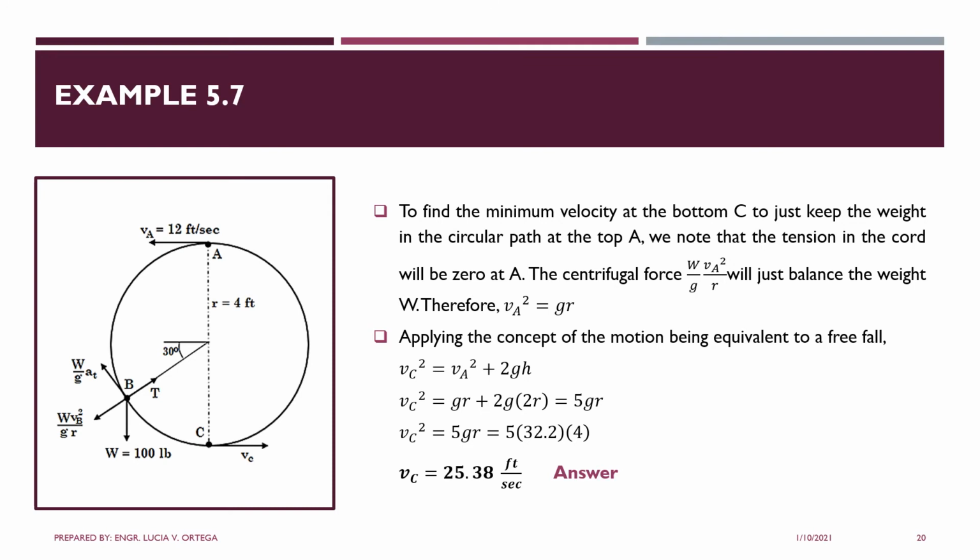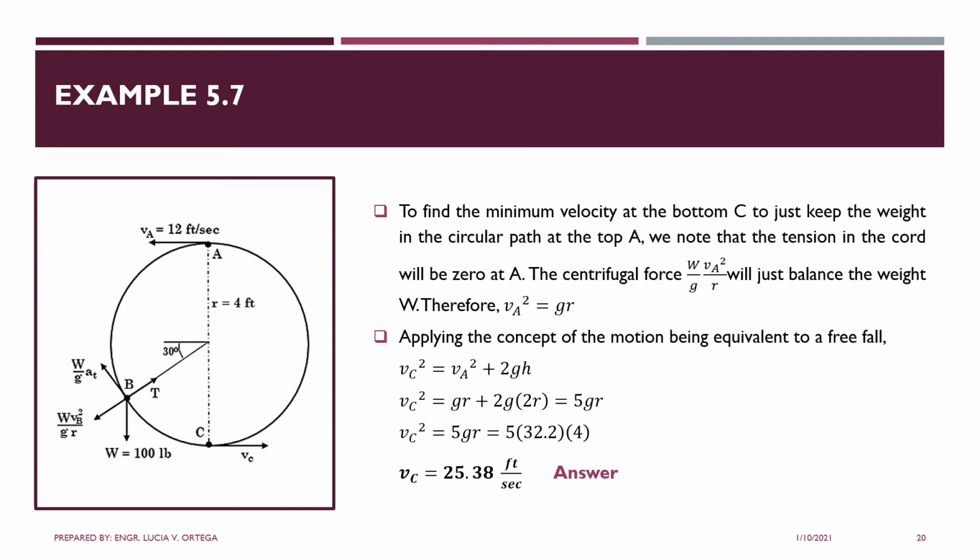So what is V sub A squared? That is gR plus 2gh. H is twice the radius. So simplifying, V sub C squared is 5gR. Substituting the given value, V sub C is 25.38 feet per second, the velocity at point C.